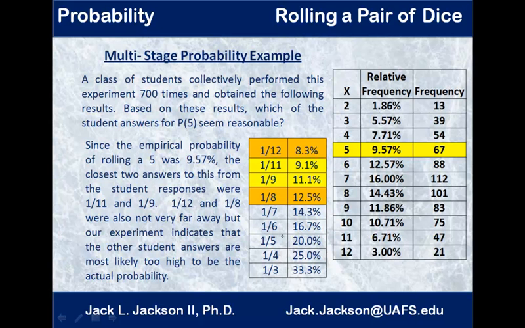So it looks like our experimental results say that these down here, 1/3, 1/4, 1/5, 1/6, 1/7, are a little bit too big to be the real probability. So maybe the real probability is somewhere in here. Well, how do we figure out that real probability?